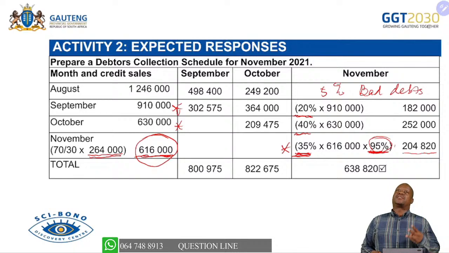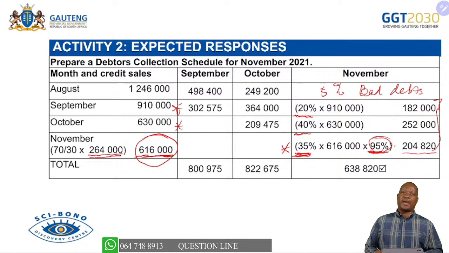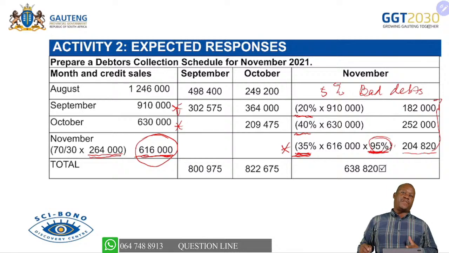So we have got 3 collections, 3 figures to deal with here. So we add 182,000 plus 252,000 plus 204,820 to get a total of 638,820.